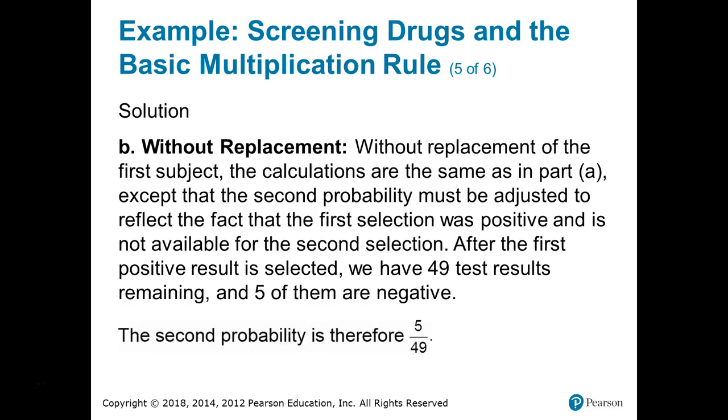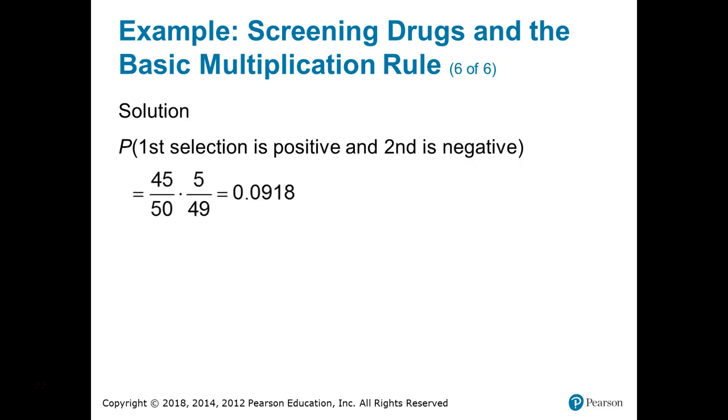When that claw machine came down, it selected a person at random, with a 45 out of 50 probability that the person had a positive test result. But once he's out of circulation, what do you have left? You have 5 people who have a negative test result out of 49 test subjects remaining. So the probability becomes 45 out of 50 multiplied by 5 out of 49, which gives us 9.18%.